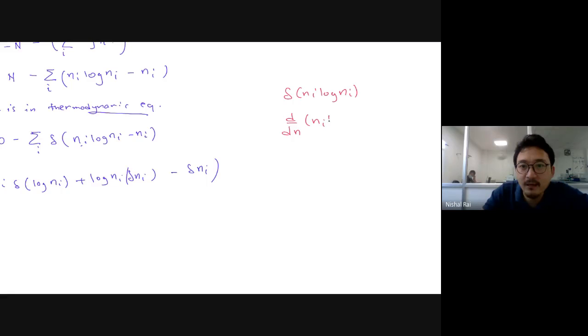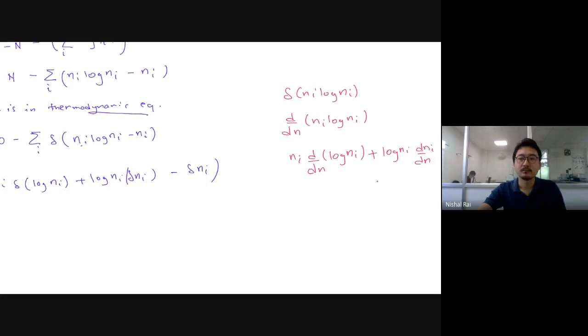So it will be ni log of ni. Using the product rule, we can take ni outside and take del by del n of log of ni, plus log of ni d by dn of ni. Is it clear?